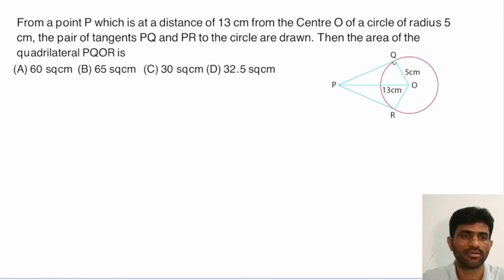Are you trying? Yes. Okay. Try it. It's not 50. There is no option 50 in this. You have 60, 65, 30, 32.5.